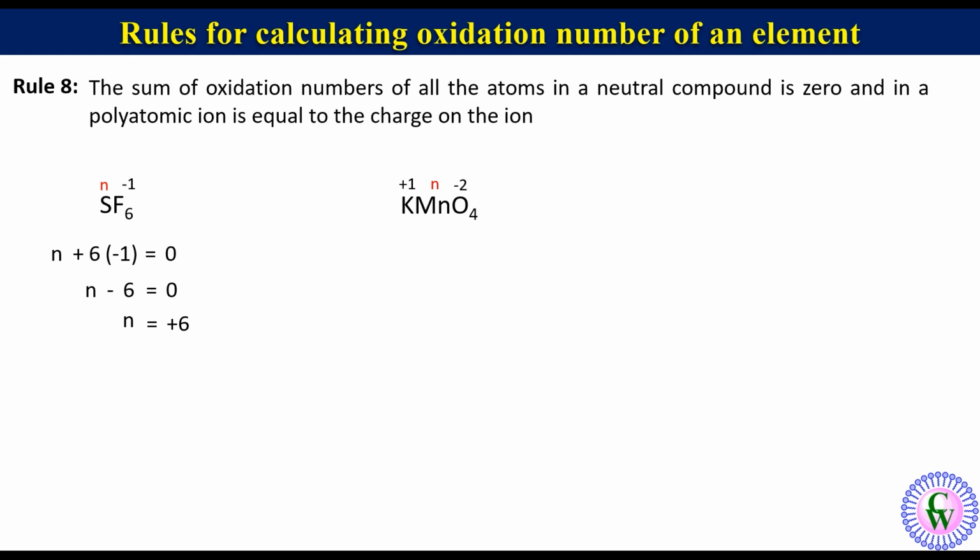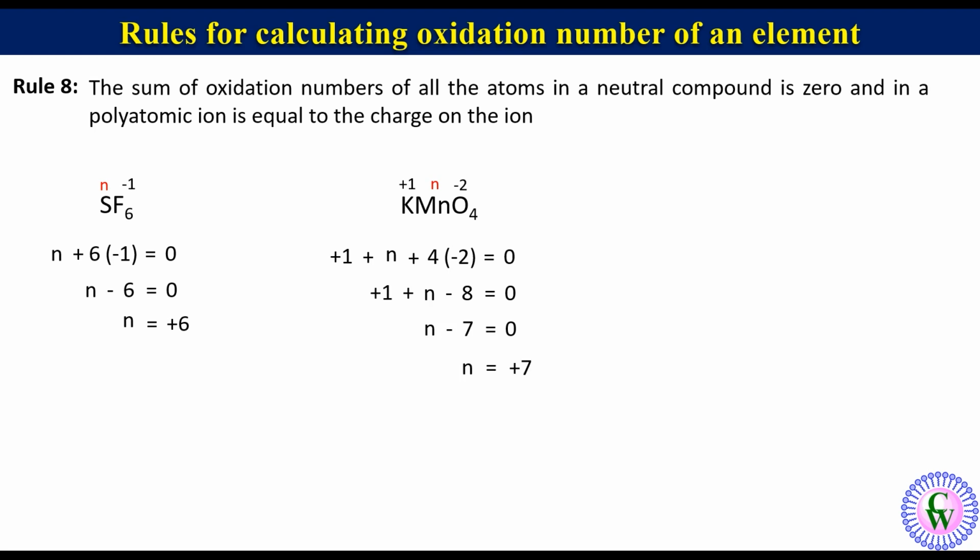So we can write +1 plus N plus 4 into -2 is equal to 0, since KMnO4 is a neutral molecule. Or we can write +1 plus N minus 8 is equal to 0, or N minus 7 is equal to 0, or N is equal to +7.